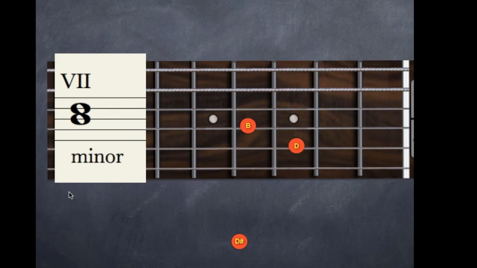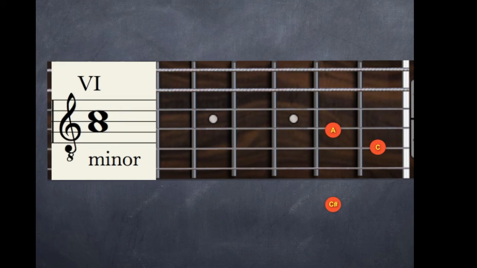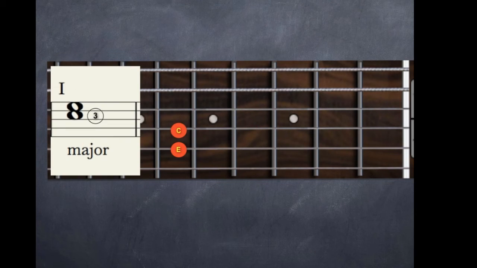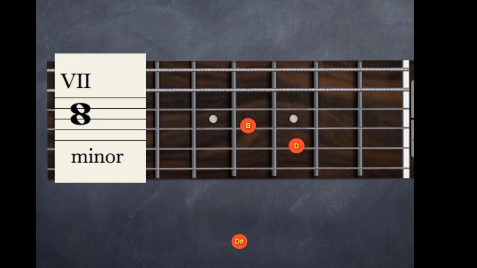So I now took this one, moved it up a tone to B and D. Then I took the C on the 5th fret of the 3rd string and played the E on the 5th fret of the 2nd string. Adjacent frets, major 3rd.